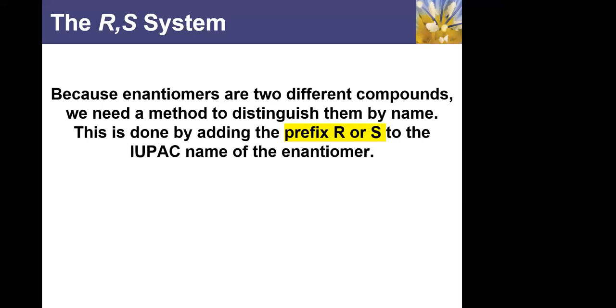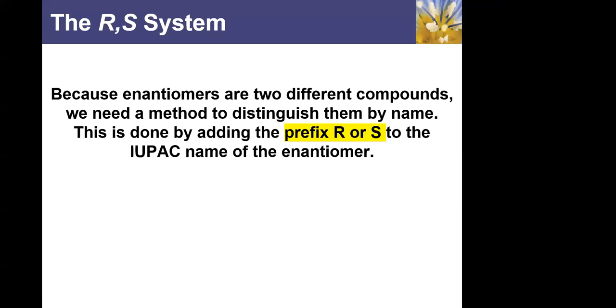There should be something which would tell us that this is this, because the IUPAC naming is similar. In enantiomers, the IUPAC name is the same in both cases. This is 2-butanol, this is also 2-butanol. So how will you differentiate between the 2 enantiomers? Then we have the Cahn-Ingold-Prelog system.